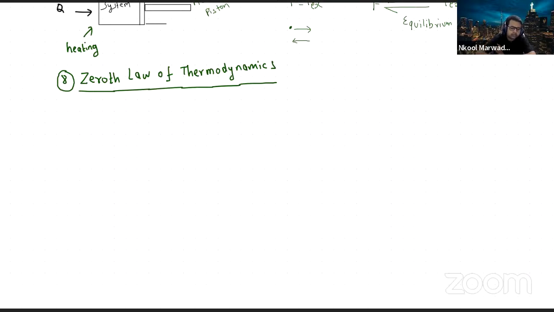First, let us look at what this law says and try to understand it.